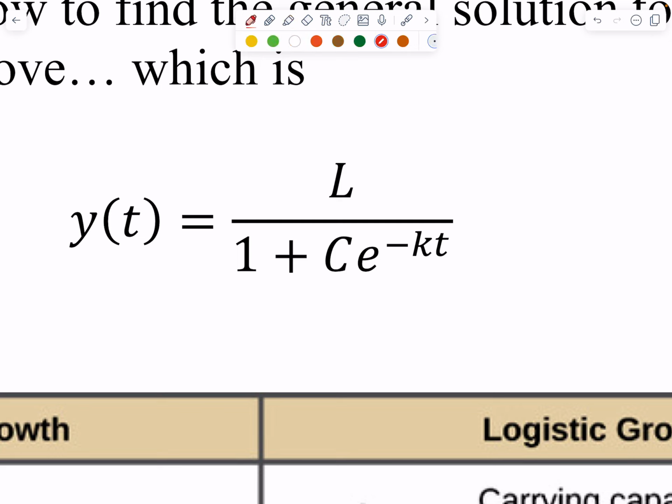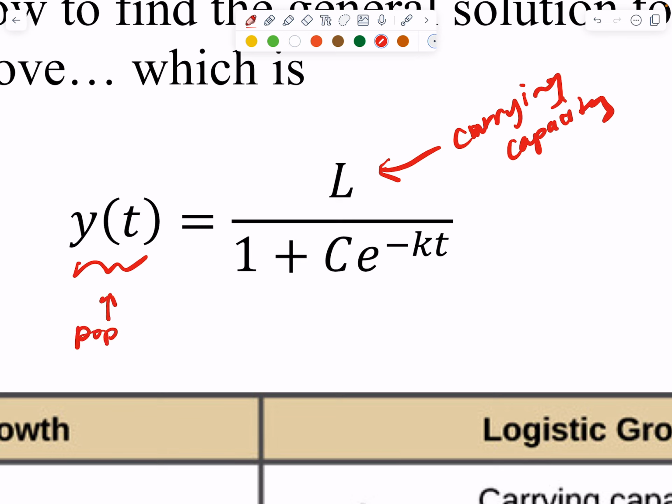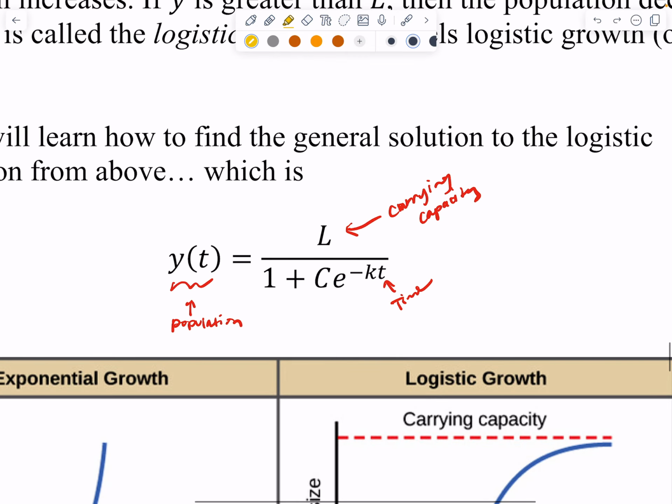Here, L is still the carrying capacity. Okay, y of t is the population. Okay, t is time. Okay, C and K, though, are just constants. C is actually something we call a constant of integration. And again, to be determined in calculus.